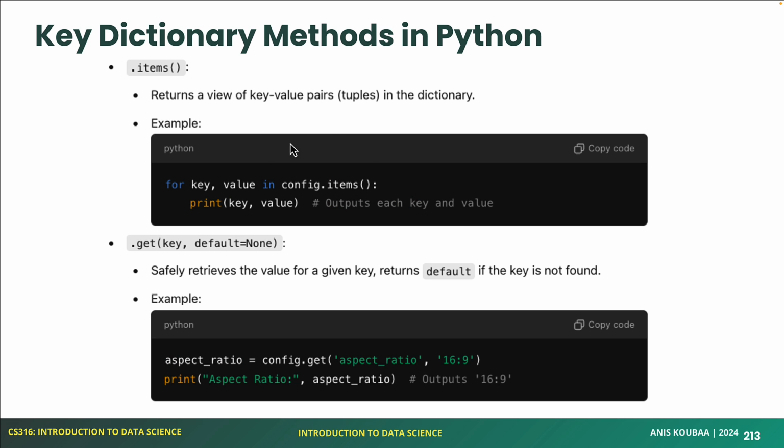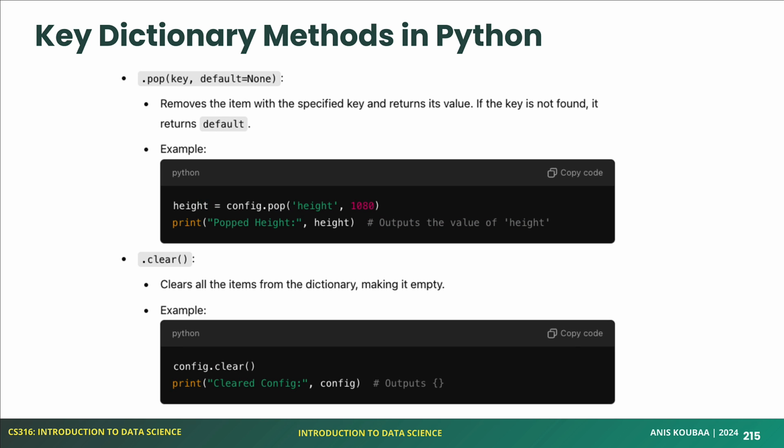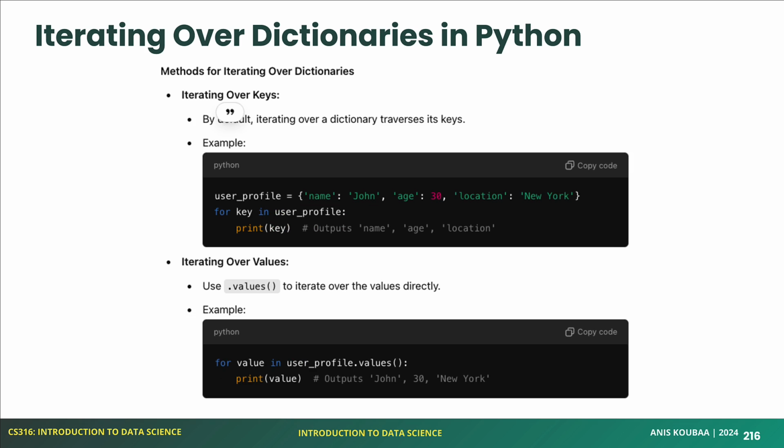.items, we talked about .items, is going to return a list of the key-value pairs. And .get allows you to access a certain element while specifying a default value. Update, pop, this is just going through all the different possible operations that you can do on a dictionary.